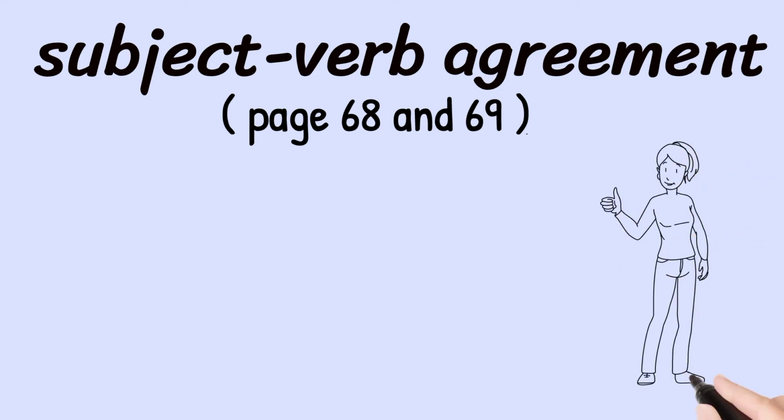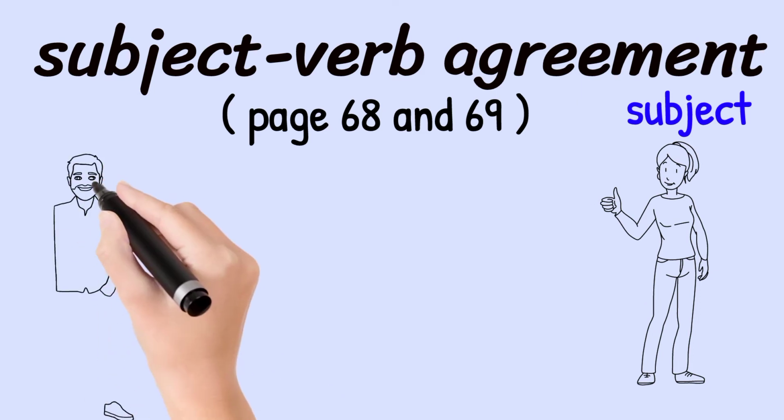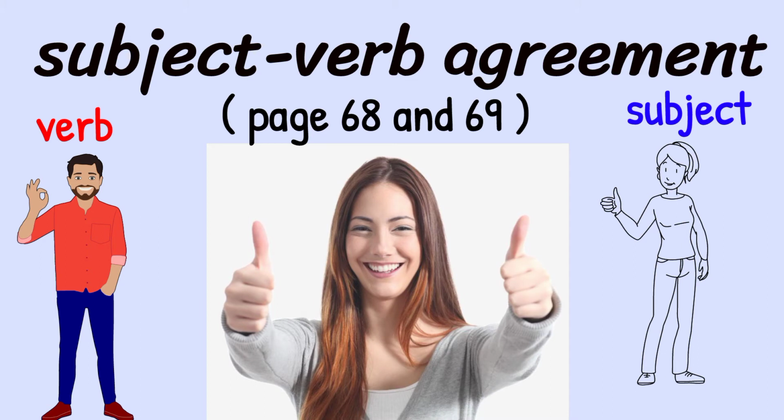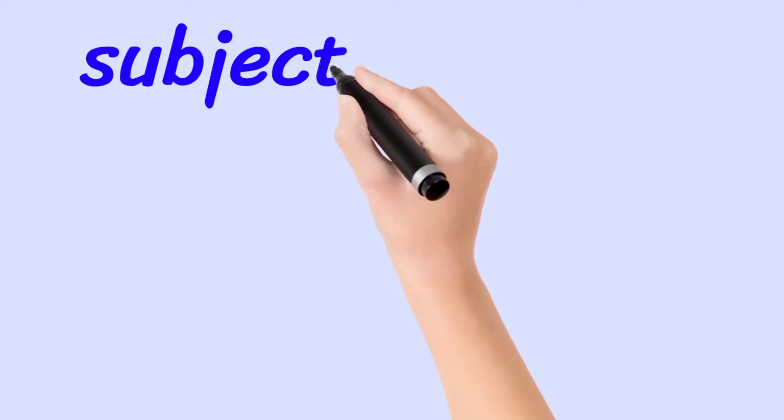What is subject-verb agreement? What are they agreeing for? Have they ever signed an agreement? Subject and verb are buddies, and they have to agree with each other. So, what does that mean? That means that the subject and the verb must be in the same form.